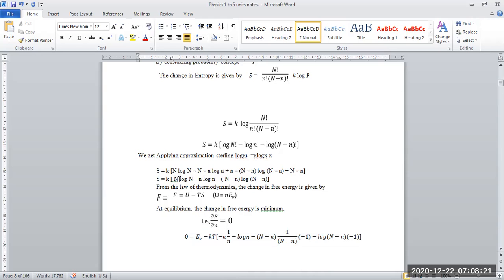Therefore, this is 0 minus small n, in the form of the UV rule in mathematics. What is U? Small n, and V is log n. So U into dV by dx, minus is already there. Differentiation of log x is 1 by x. Instead of x, what is there here in our derivation?